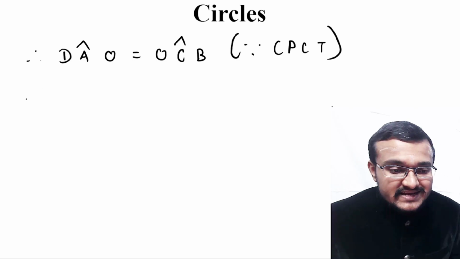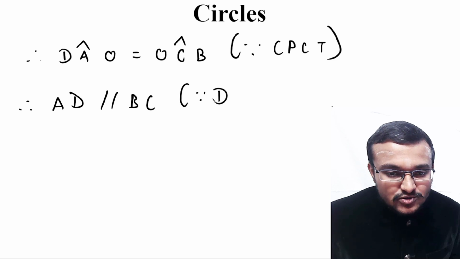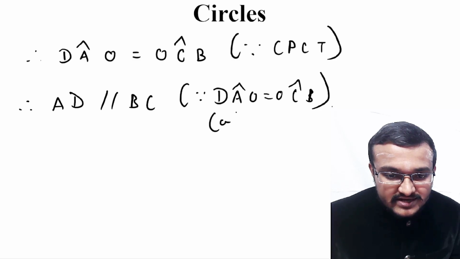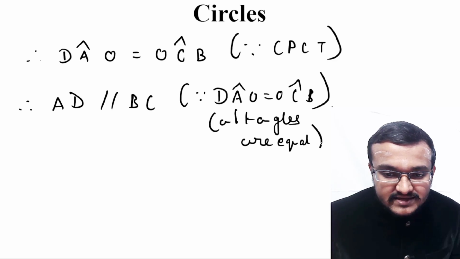So alternating angles are equal to each other. Therefore AD is parallel to BC. This is according to angle DAO equal to angle OCB, that is, alternating angles are equal.